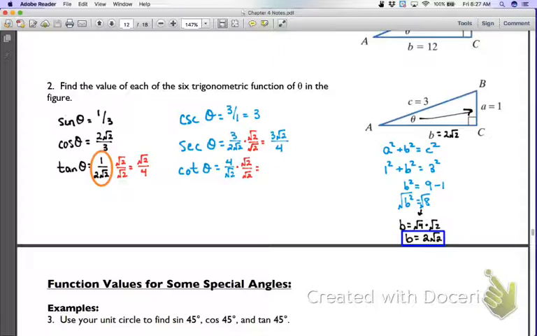Okay, so before we rationalize anything back with tangent of theta, we started with 1 over 2 times the square root of 2. So that's really pretty easy just to flip upside down. Because what's going to happen is I'm going to end up with 4 times the square root of 2 over 2.